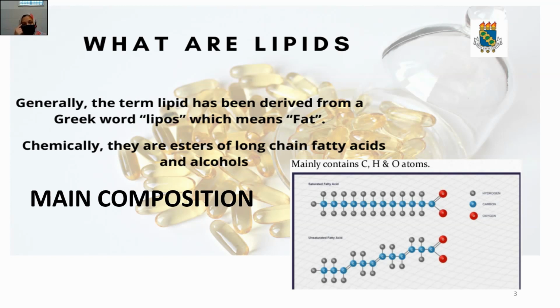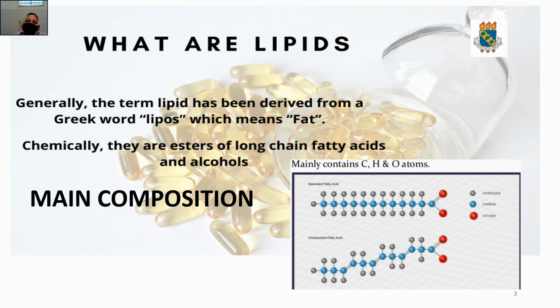Generally, the term lipid is derived from the Greek word lipos, which means the fat. And chemically, in a proper chemical definition, they are the esters of long chain fatty acids with some kind of alcohols.